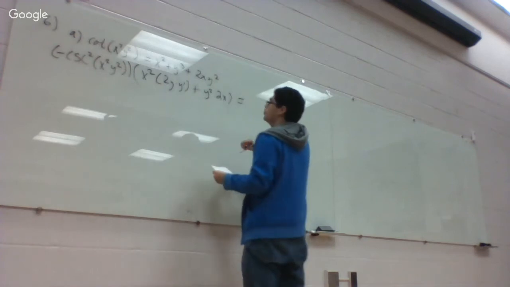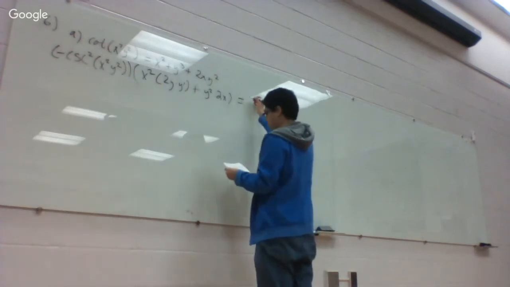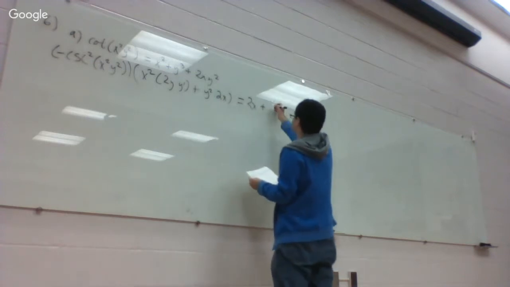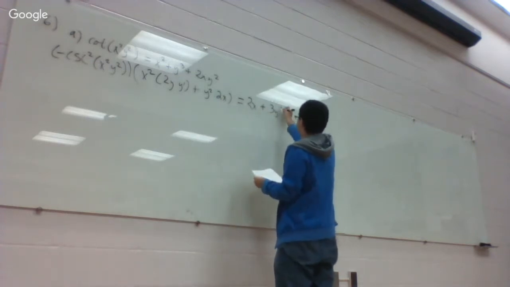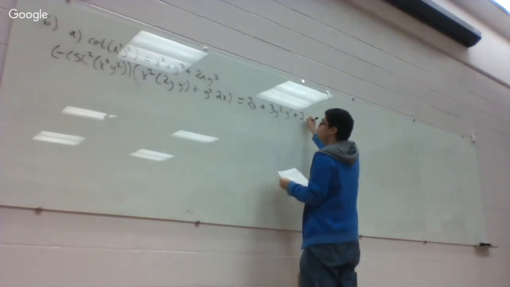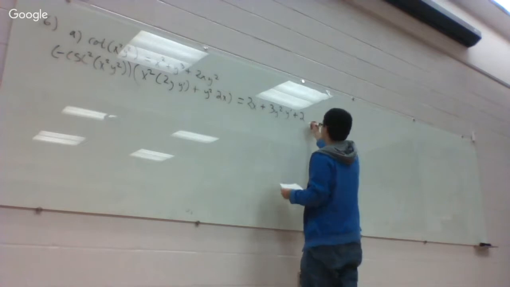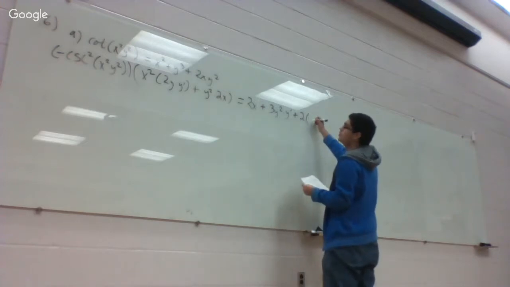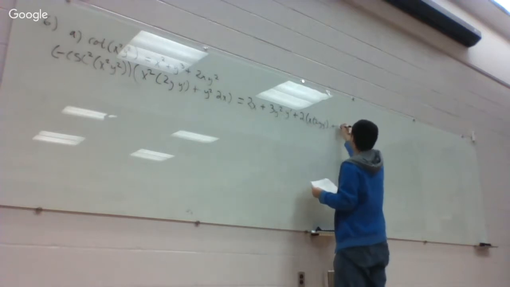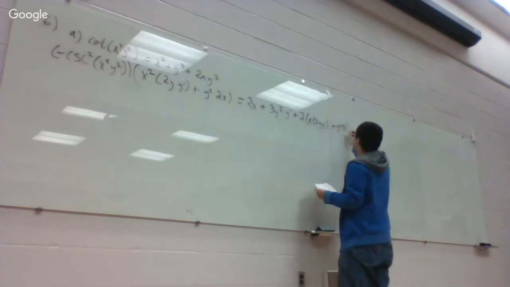Equal to, what's the derivative of x squared? 2x. Plus 2, and then the product rule again, which is going to be x times 2y y prime plus y squared times 1.